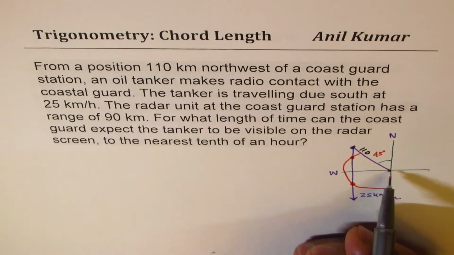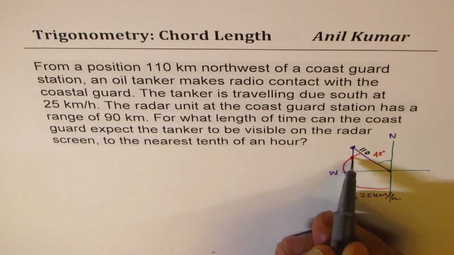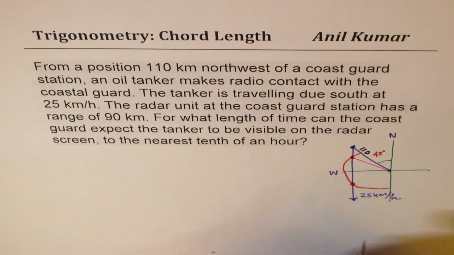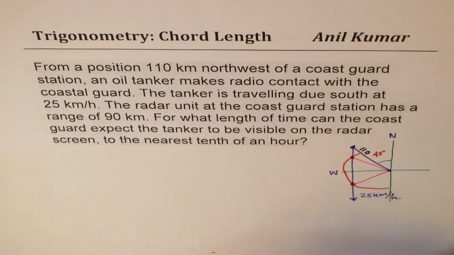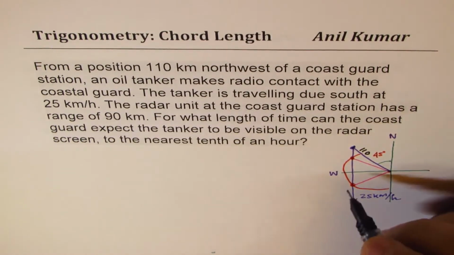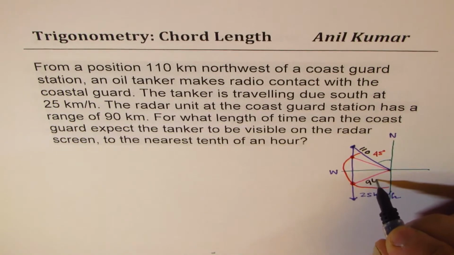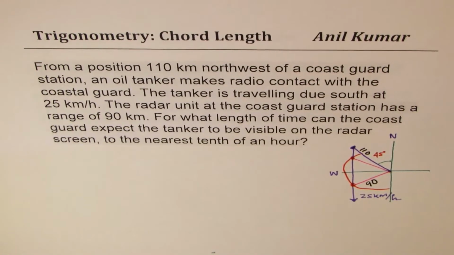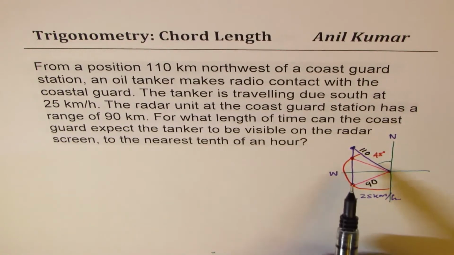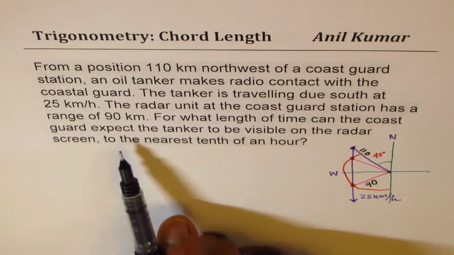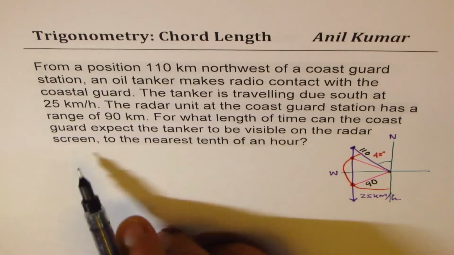Now, in this particular situation, the distance from the radar position to these two extreme points, since the range is 90, is going to be 90 kilometers. Now we want to find the time the tanker is visible on the screen.